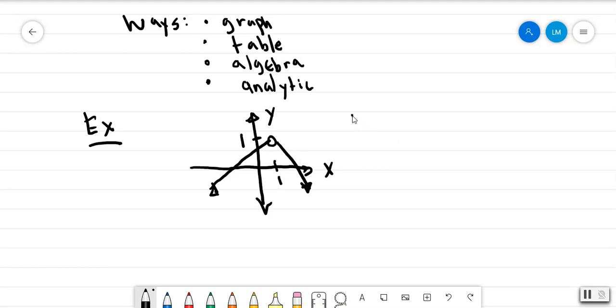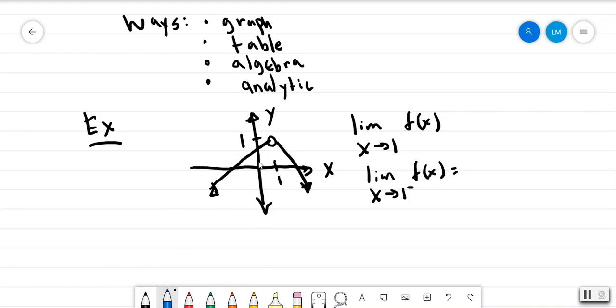So if we're trying to find the limit as x approaches 1 for f of x, well, first we have to look at the limit as x approaches 1 from the left side. Based on my graph, if I follow along from here to here, it's going to approach the value 1.